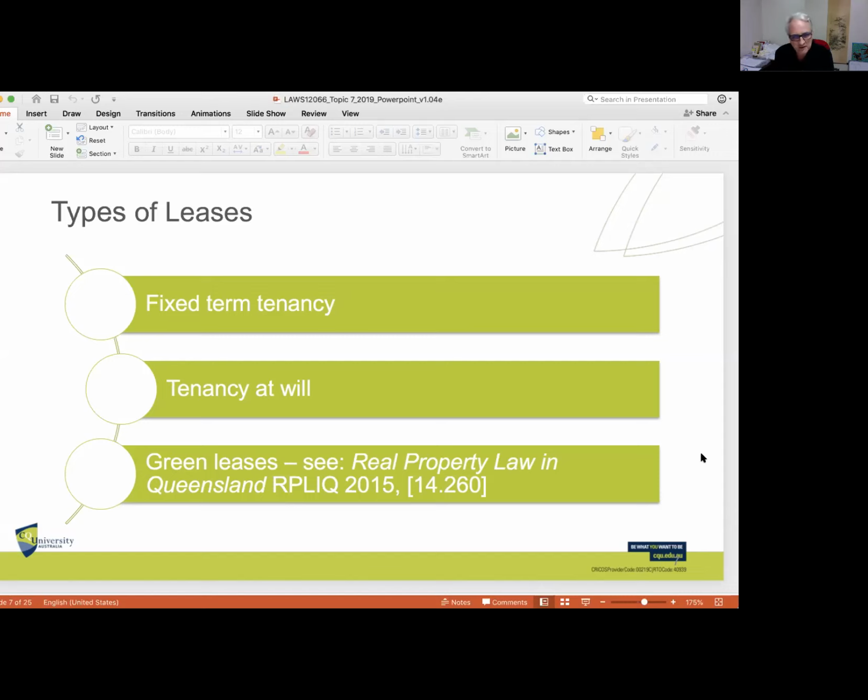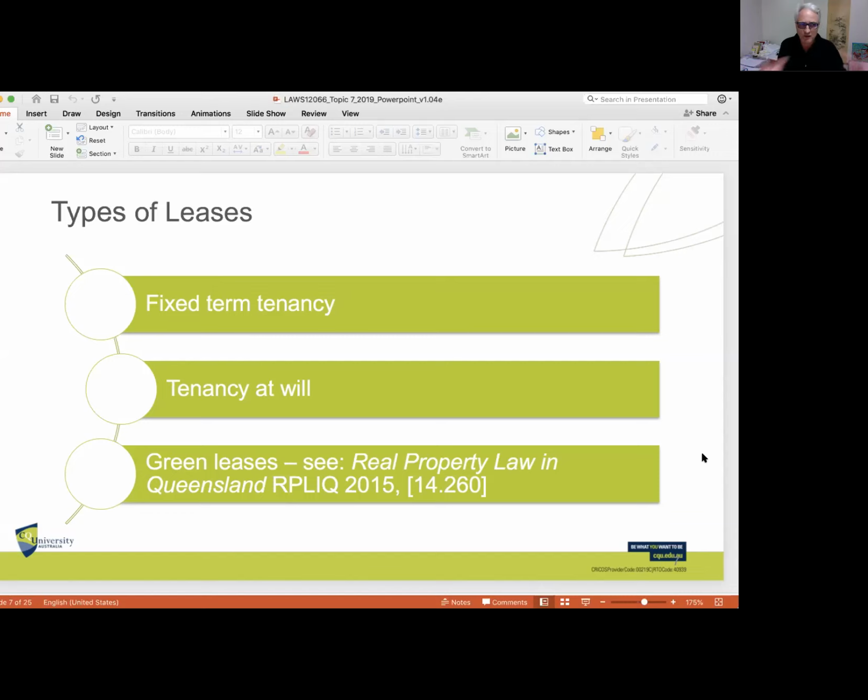Now, a tenancy of fixed term is fairly self-evident. There is a specified term that is in the lease. Coming back to that characteristic of certainty of term, it doesn't mean that the term has to necessarily be specified, but that there is a certainty with regard to duration that is reflected through the lease arrangement and the lease relationship between the landlord and lessee.